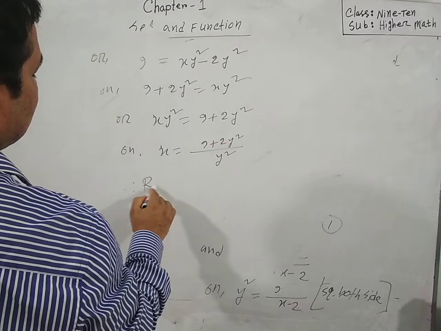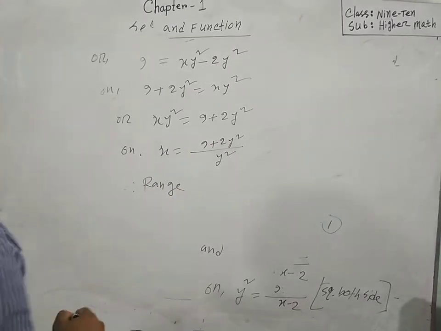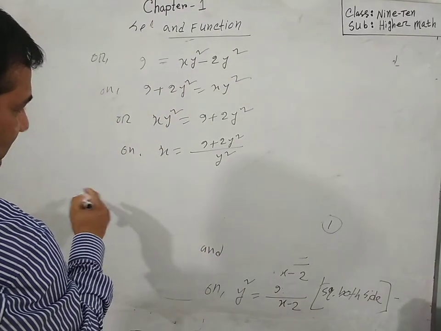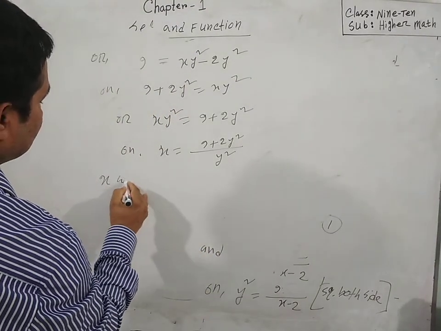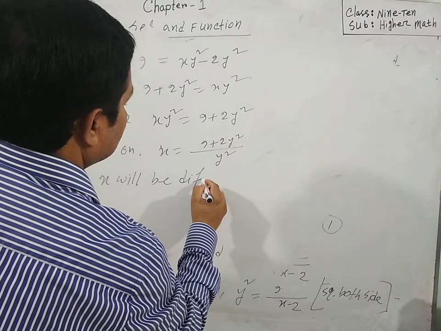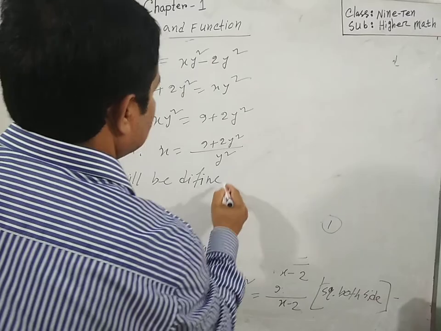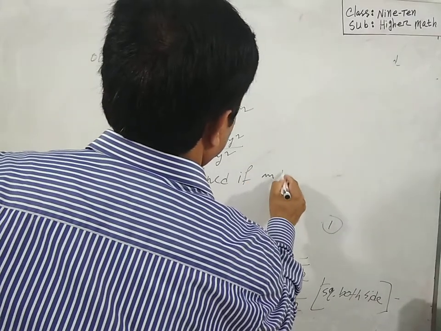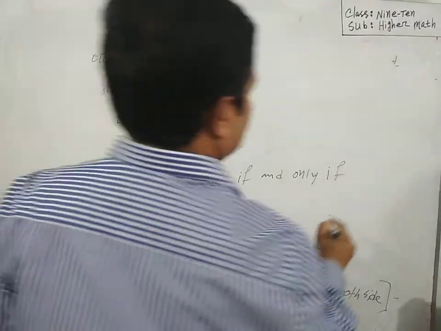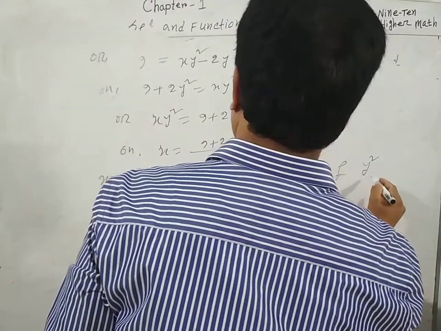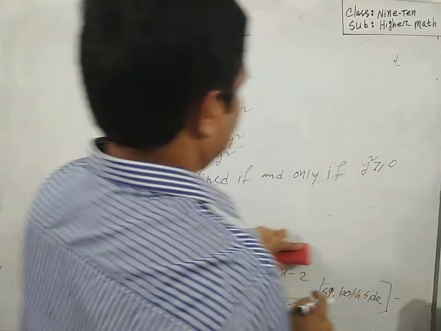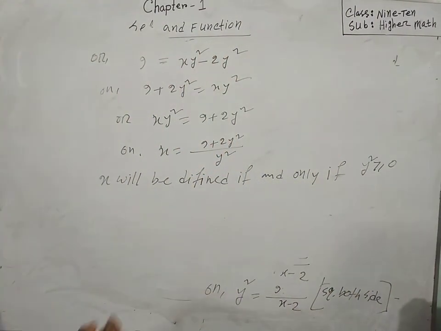Here range. Here we can state x will be defined if and only if y squared is greater than or equal to 0, as it is a real number.